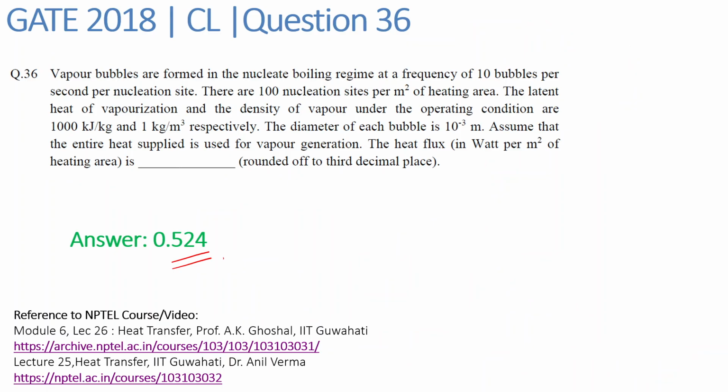Okay. So I'll just quickly explain the question again. So see, in this question we have been asked the entire heat flux. The total heat flux we have to find, and there were some bubbles.